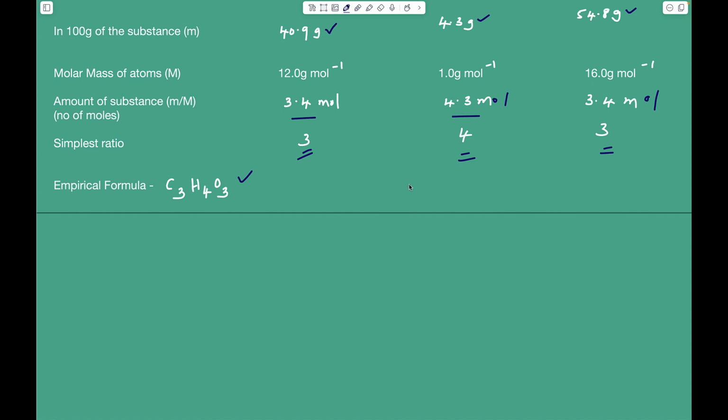Now if I say its molecular weight is approximately 176, can you find out its molecular formula? I leave that as an exercise for you.